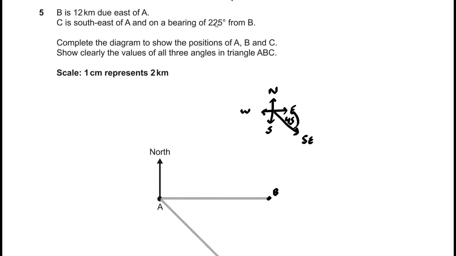But we also know that C is also a bearing of 225 degrees from B. So if I think about my compass once again, I've got north, east, south, and west. I've got 180 degrees here, and to go to 225, I need an extra 45 degrees. 180 plus 45 gives the 225.